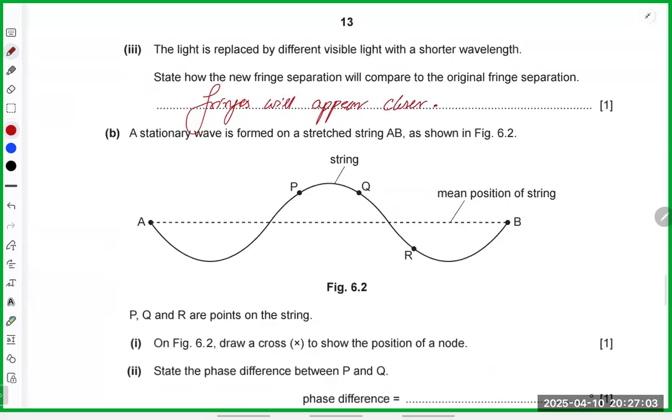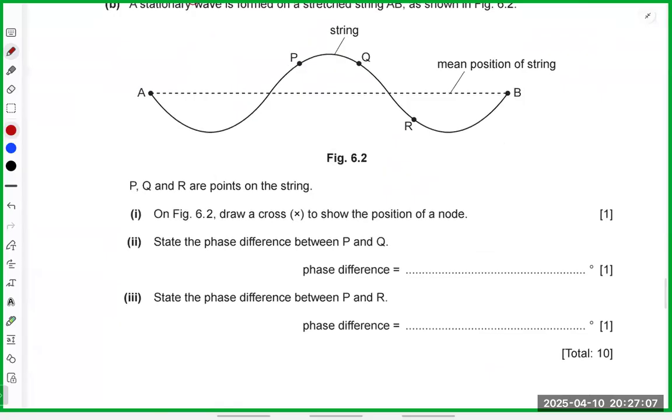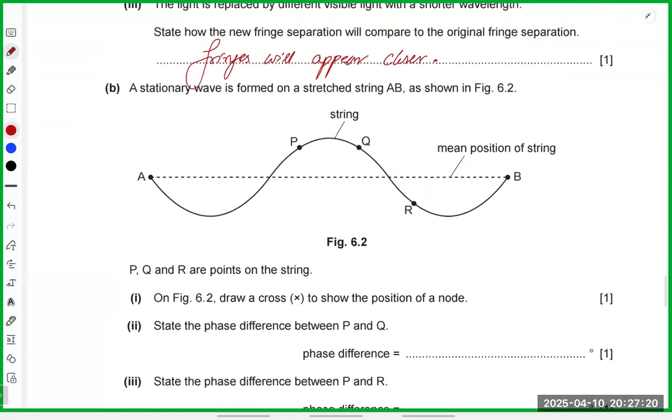A stationary wave is formed on a stretched string. P, Q, R are points on the string. On figure 6.2, draw X to show the position of a node. Nodes are the points which always stay at the mean position.